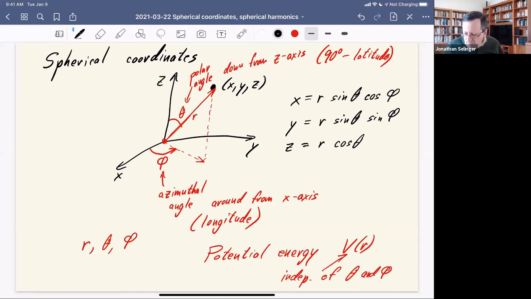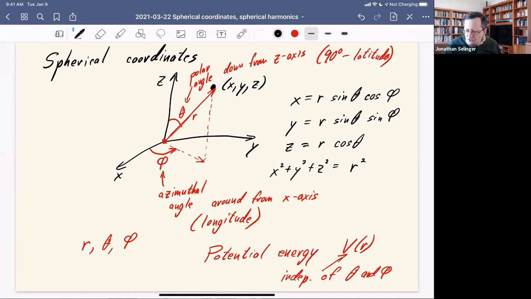And then if you take those expressions and add up x squared plus y squared plus z squared, you get that that's equal to r squared. And so this is the Pythagorean theorem for the distance that a point is out from the origin.